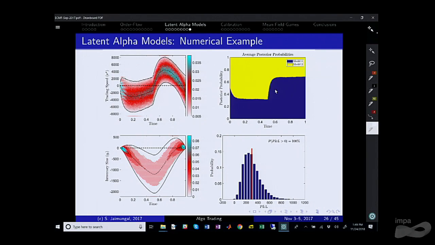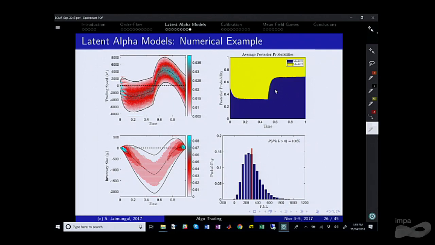What we did is we artificially made the simulation be in model 2 first, and then switch to model 1 halfway, because if we know what's happening, then we can see, is our filter picking that up? And we start with a 50-50 prior, so the agent doesn't know what's going on. The simulation knows. It starts off in regime 2, then switches to regime 1.